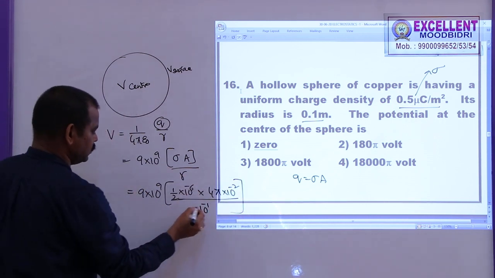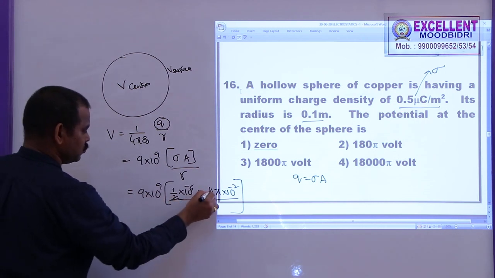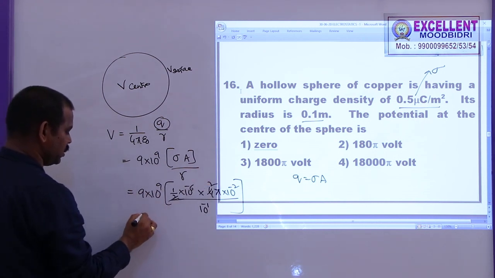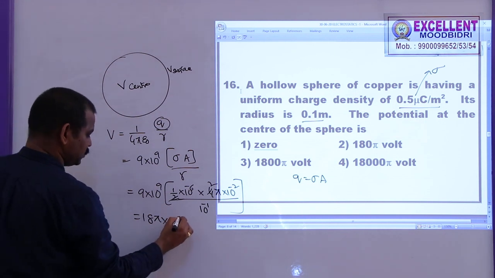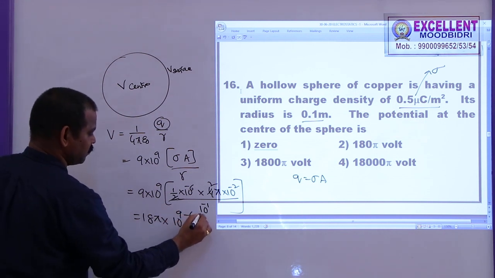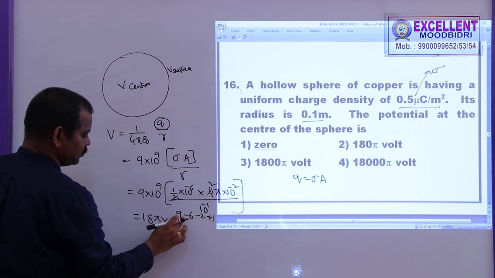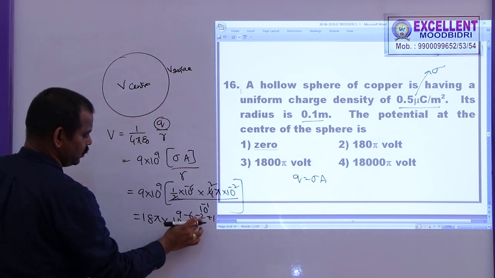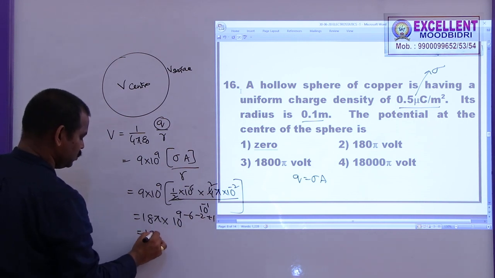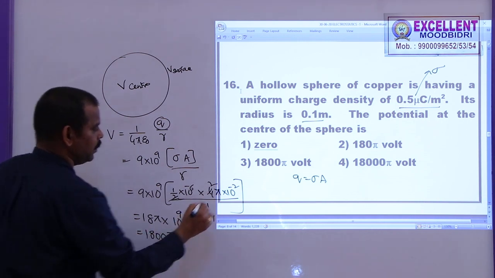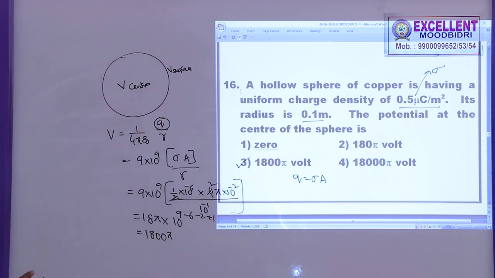Now you can cancel the two ones; 2 into 9 is 18 pi, and all the others are 10 powers only: 9 minus 6 minus 2 plus 1. 9 minus 6 is 3, 3 minus 2 is 1, 1 plus 1 is 2. So this is 1800 pi. Option 3 is correct in this problem.